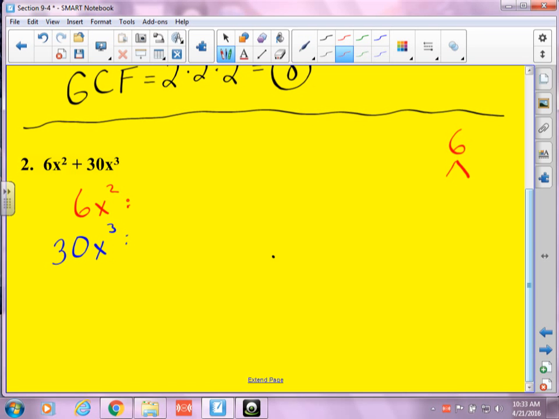So 6 can be broken down into 2 times 3. So I'm going to go 2 times 3 and put 2 first. Reason is if you don't put it first and you're circling them, the circles crisscross and it's really confusing because there's a lot of writing going on. How many x's are there? 2. So I'm just going to go times x times x.